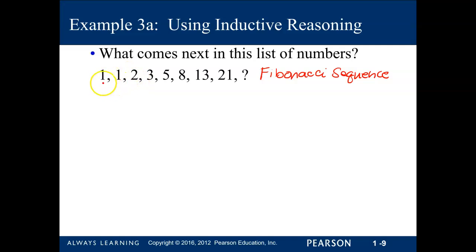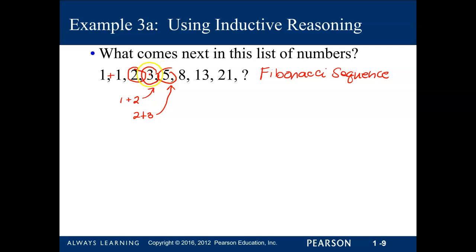So if you take a look, 1 plus 1, you get the 2. All right? Now, if you get 2 plus the 1, you will get the 3. Okay? And then if you add 2 and 3, you will get the 5. And you can see the pattern here.